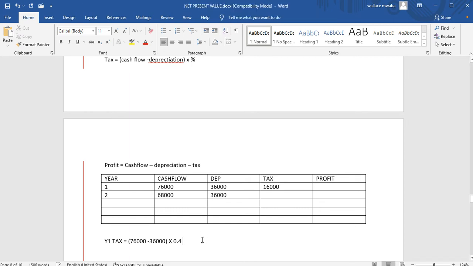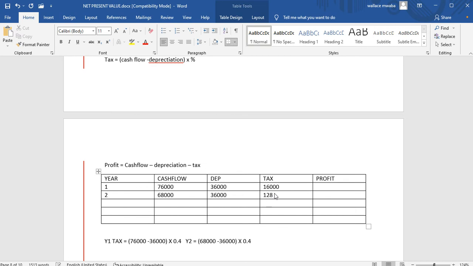Calculate tax for year 2: 68,000 minus 36,000, times 40%, which is 0.4. 68,000 minus 36,000, we get 32,000, multiplied by 0.4, we get 12,800 as tax.